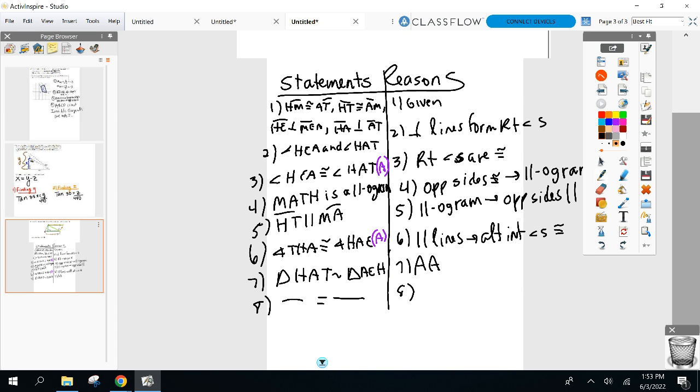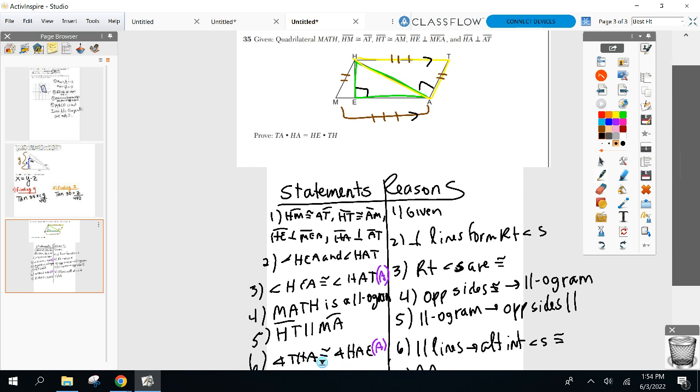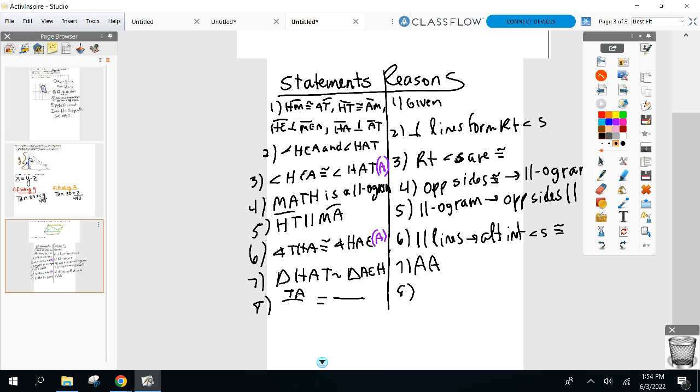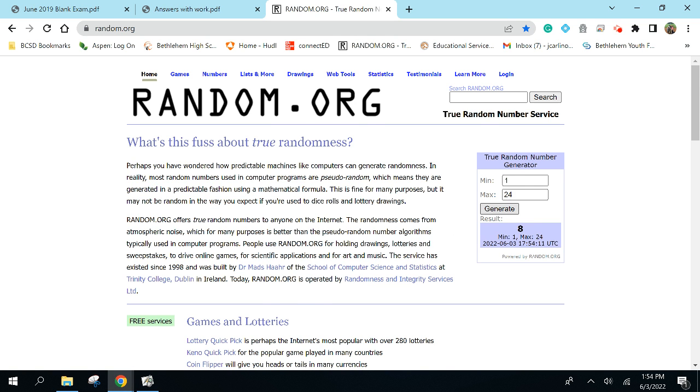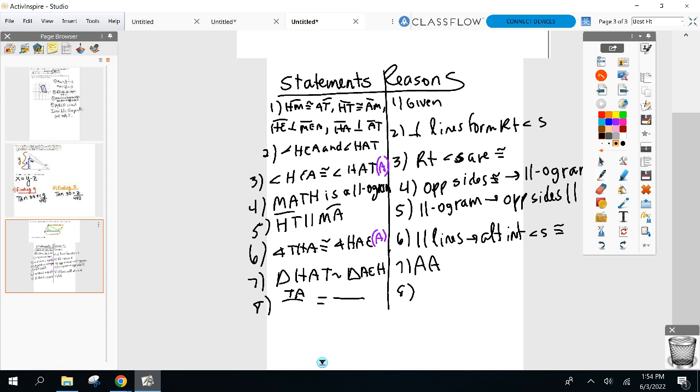If I'm going to put TA here in the top left, where does HA have to go if I'm going to multiply it with TA? Where's HA have to go here? If TH is there, then HA has to go on the bottom of the second.